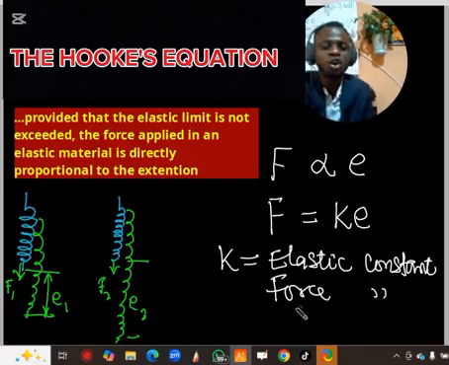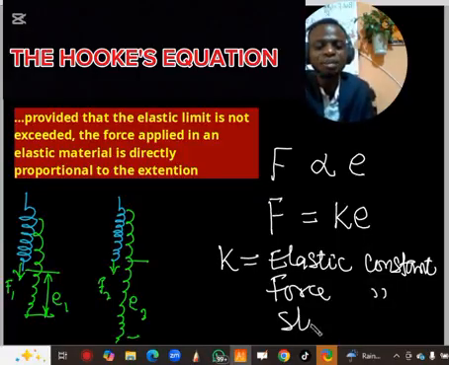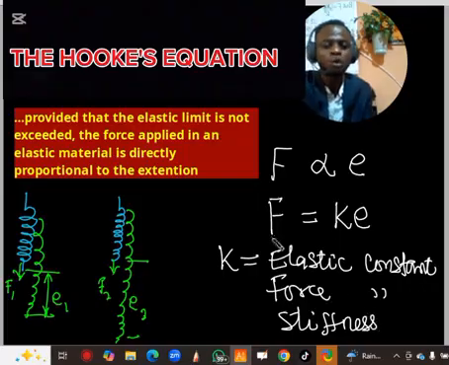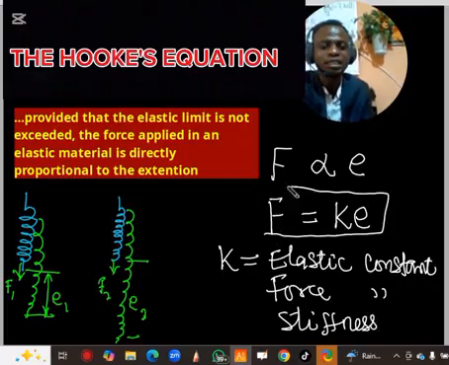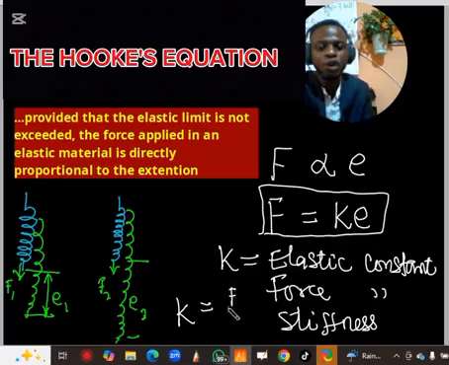It's also called the stiffness of the material, which can be derived as K equals F all over e, because we can divide both sides by e to have that K equals F over e.